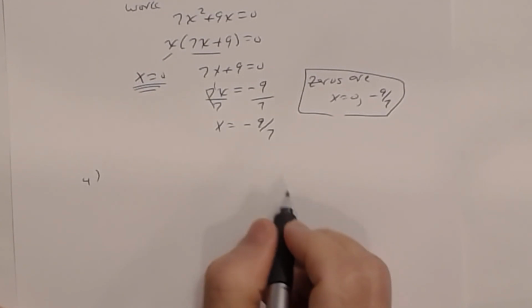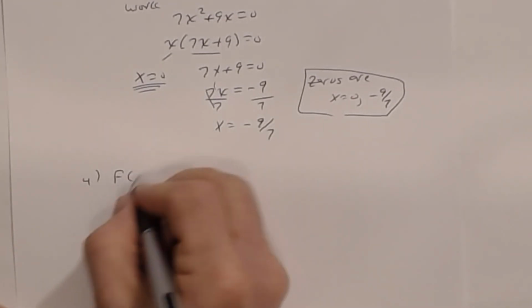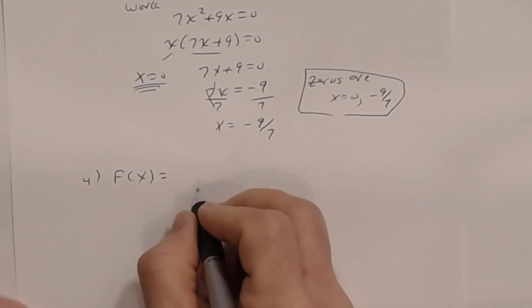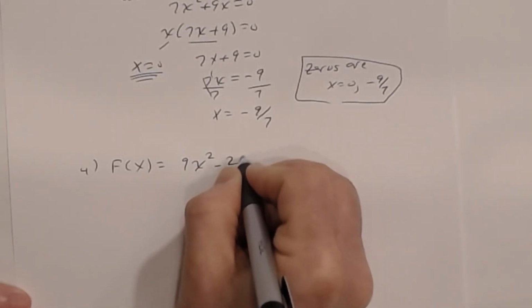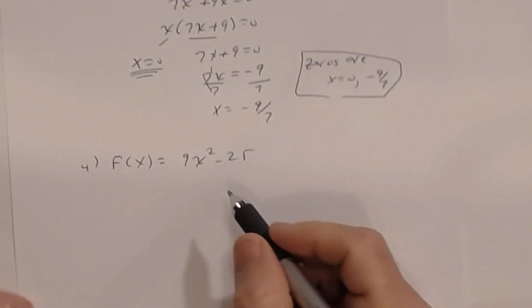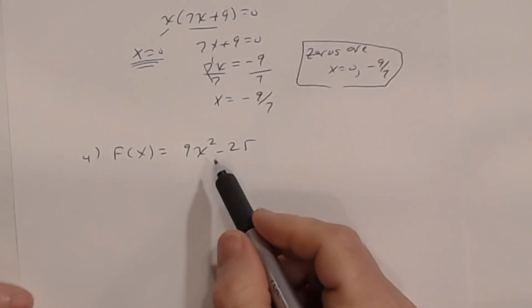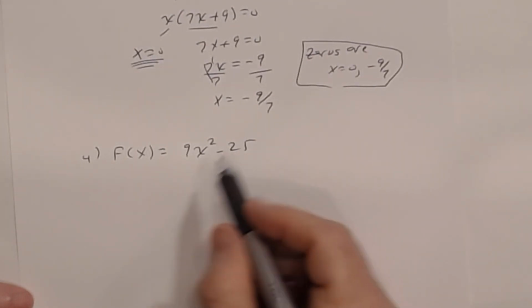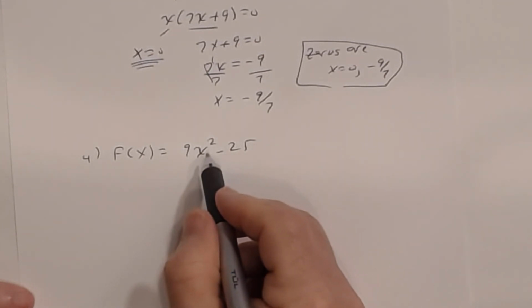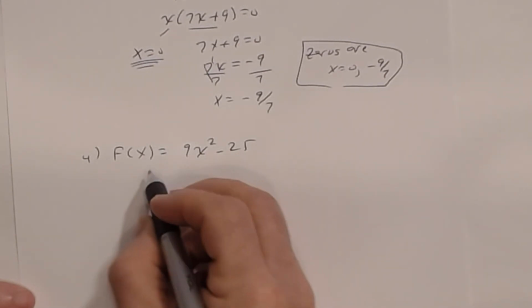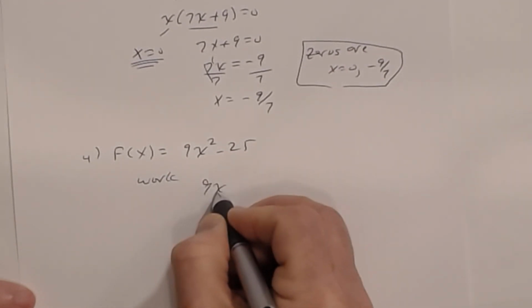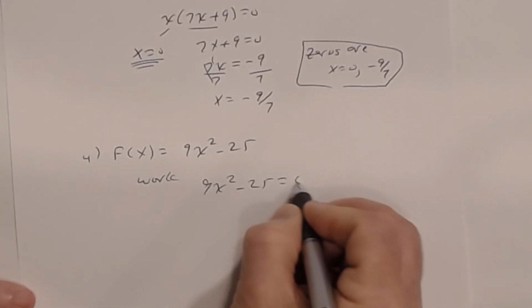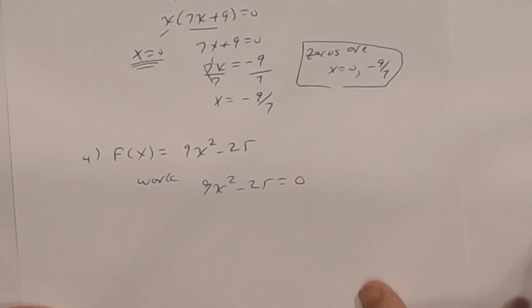In number 4, we have this function. And so f of x equals 9x squared minus 25. And so now you should notice that this quadratic function, when I set that equal to 0, I can solve that by factoring because this is the difference of two squares.